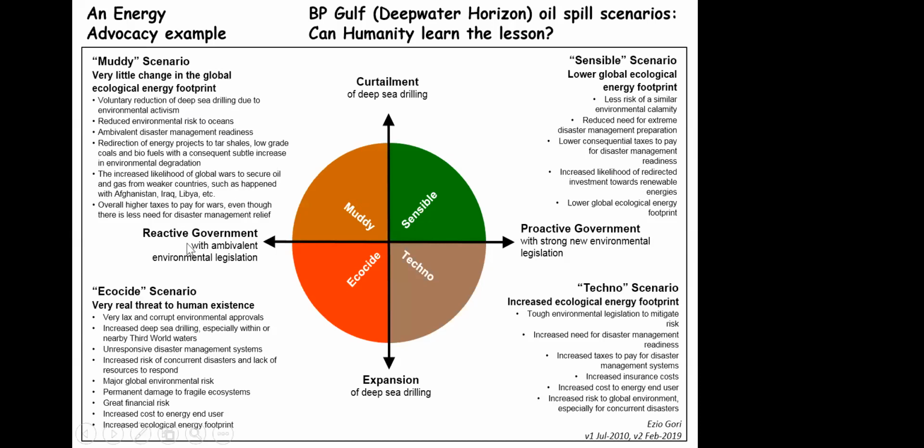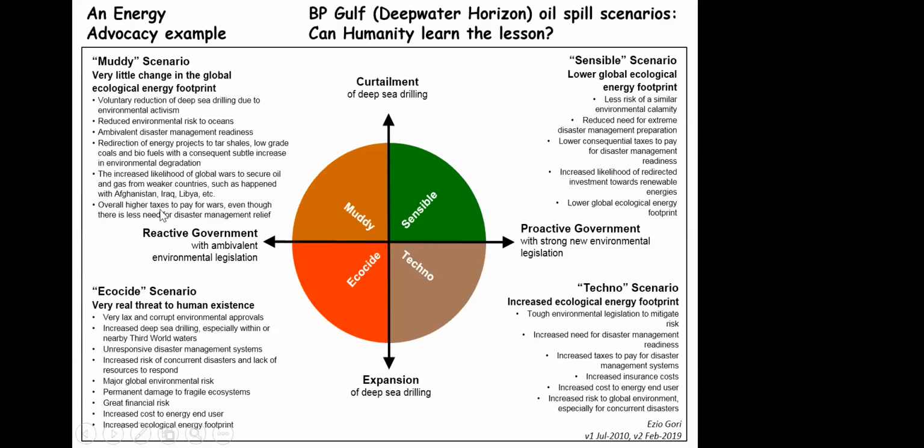But because there's weak government response here, there remains ambivalent disaster management readiness. So in all likelihood, you'll find that the investments that would otherwise go into deep sea drilling go into tar shales, low-grade coals, biofuels, and so forth. And also resource wars against the weaker countries that have got the oil. And then you end up paying higher taxes.